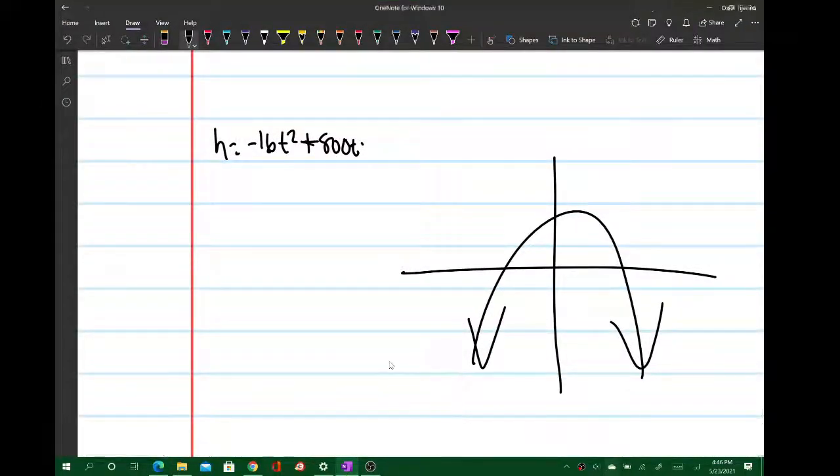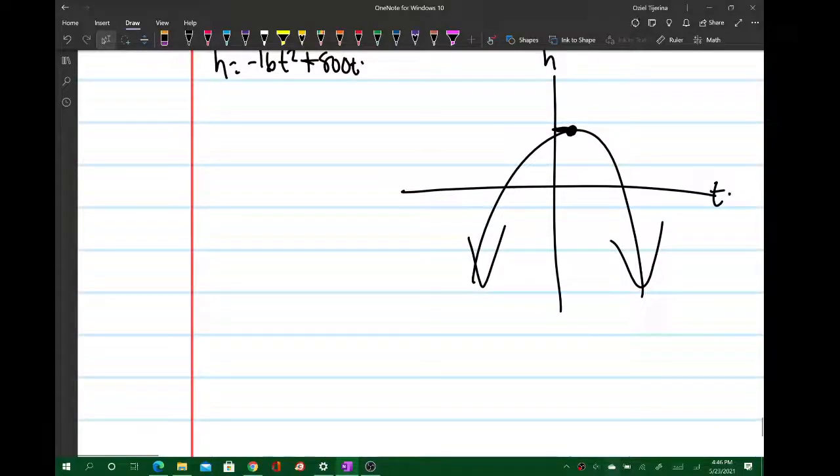So what they want to know is what is the maximum point, because this is h and this is the time t. So what is the maximum height that this reaches?